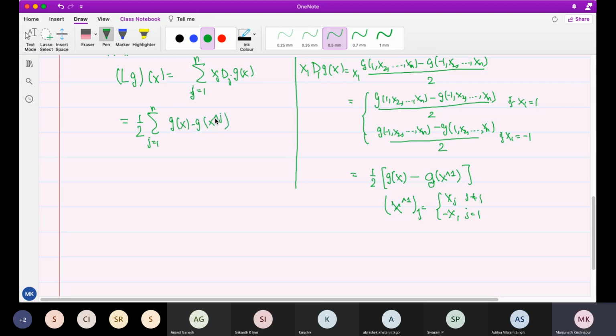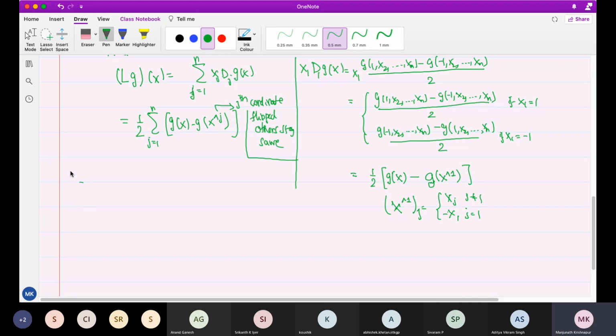X wedge j means in the jth coordinate there is a flip. Others stay the same. So this is actually g of x minus g of xj.